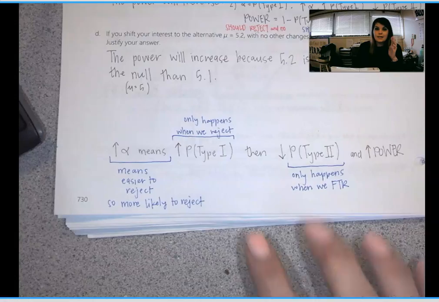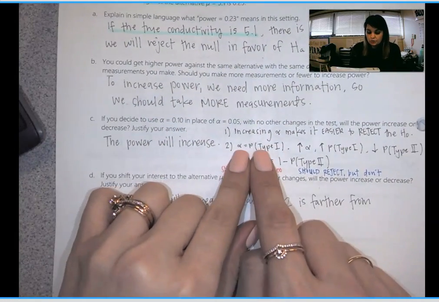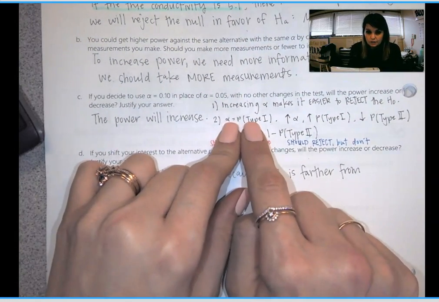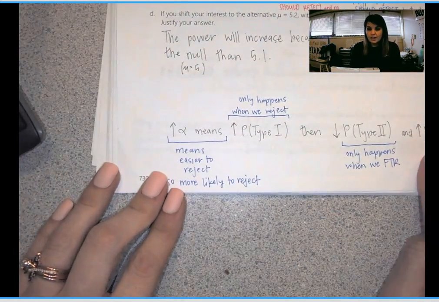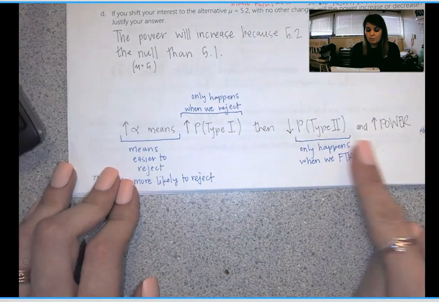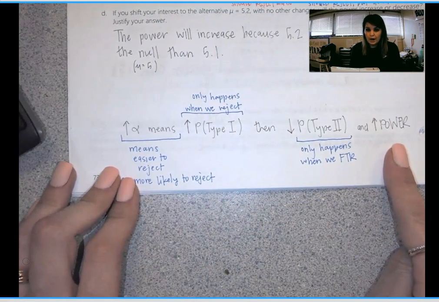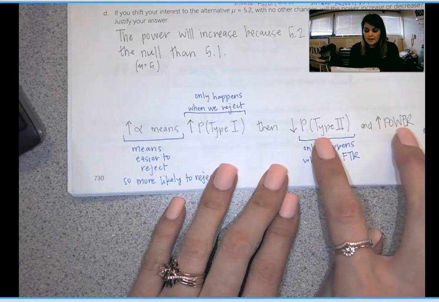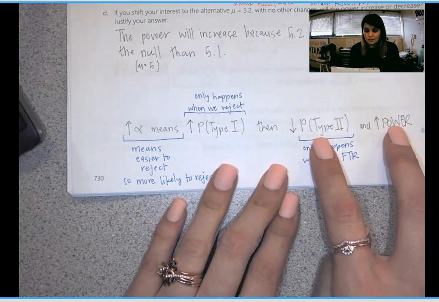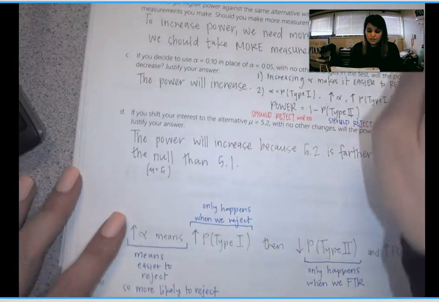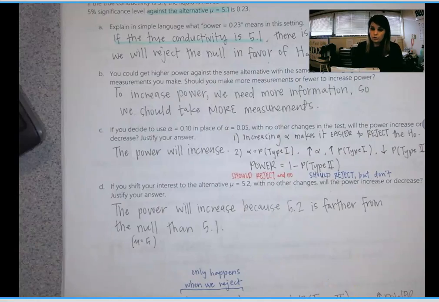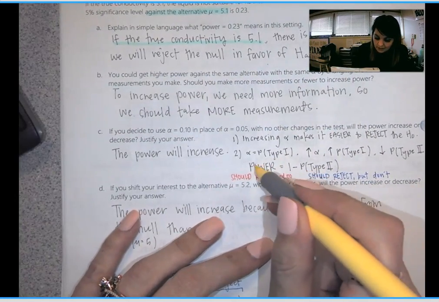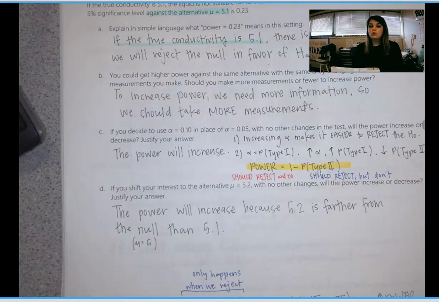So why is that? Okay, so this first line is just written out with more detail so that I had a better understanding of what happened. So what we need to connect now is these two things. Well, it turns out that power is equal to 1 minus the probability that you will make a type 2 error.